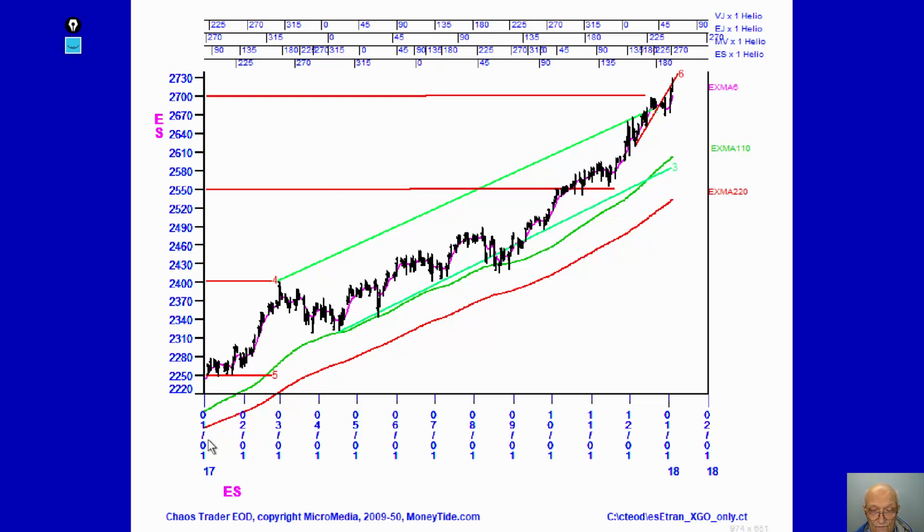Now this is a daily bar chart starting at January 2017, and I've marked harmonic price levels. Dropped the 0 off of it. That's 225, 240, 255, and 270.